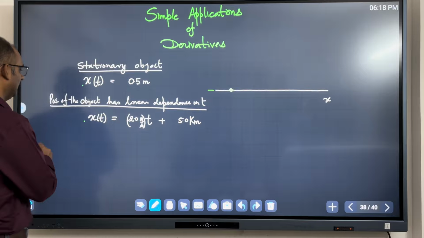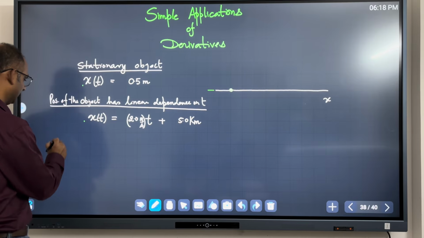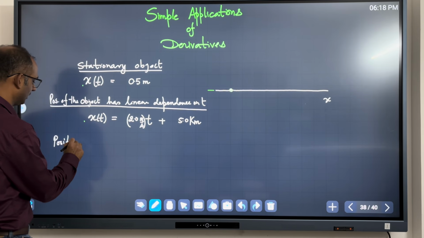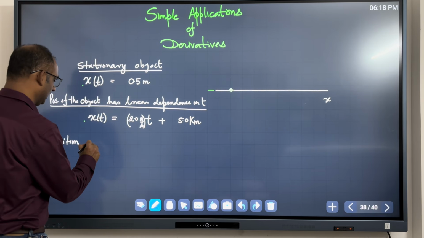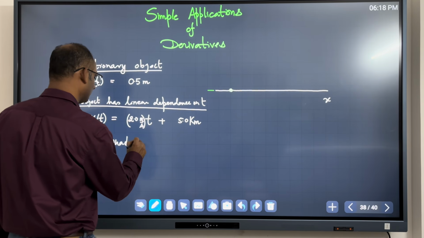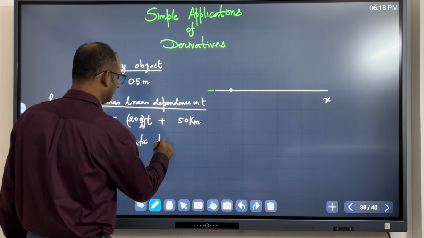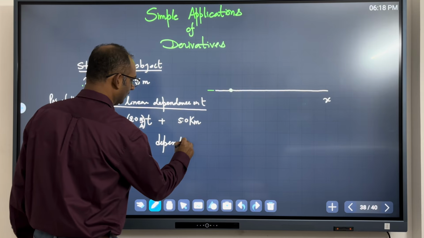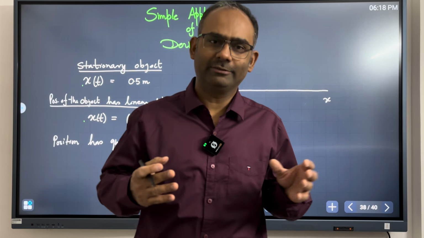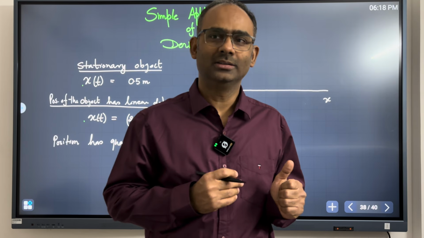Let's look at another particle or another object whose position has quadratic dependence. See, I am free to choose. I decide which way it will move. That's my decision.